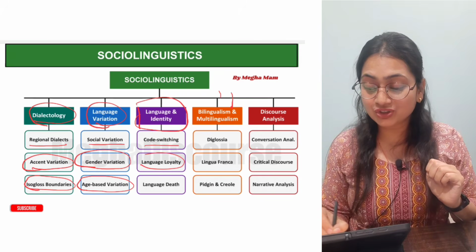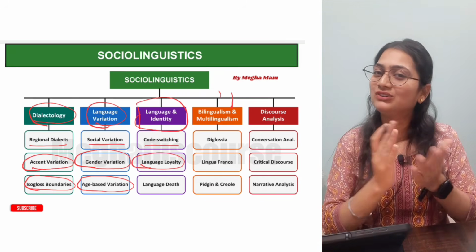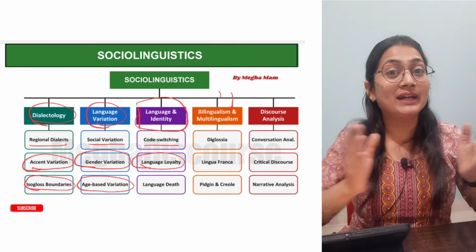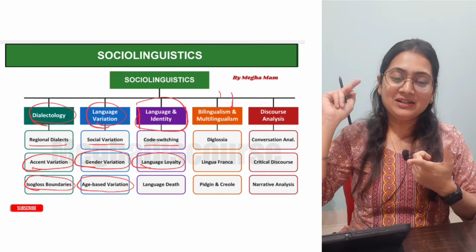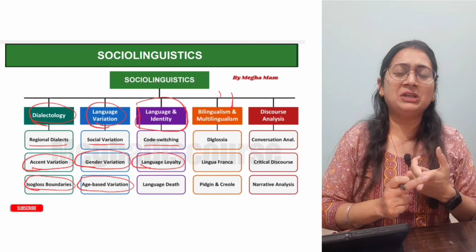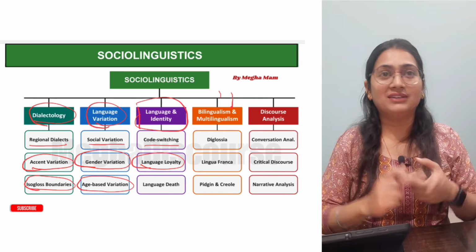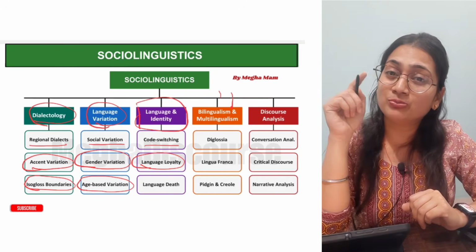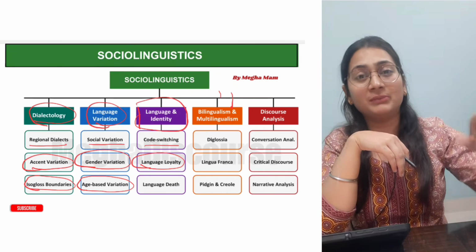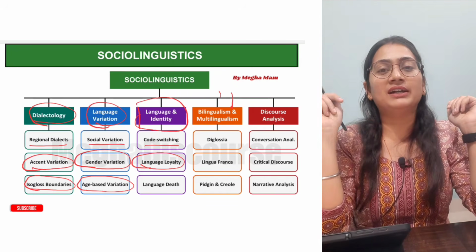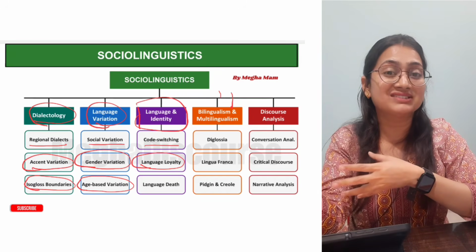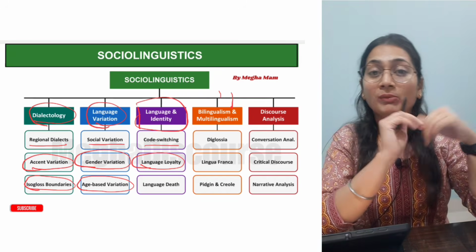Then we have language loyalty. What is loyalty? As you know very well. Being loyal towards your language is called language loyalty, that is, I will learn everything in my native language. There is news that if you are in Maharashtra, you have to speak Marathi; if you are in Tamil Nadu, Tamil; in Karnataka, Kannada. If you are in the South, you should know the Southern language; if in the North, the Northern language.